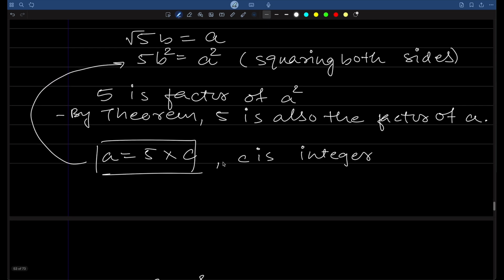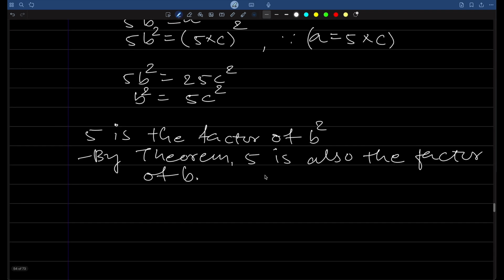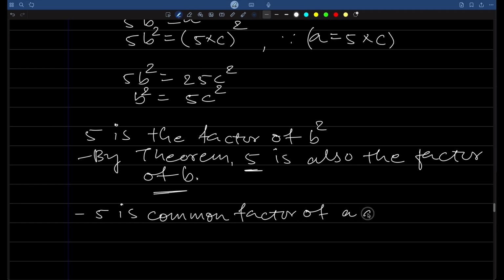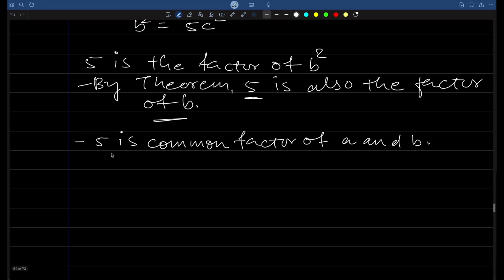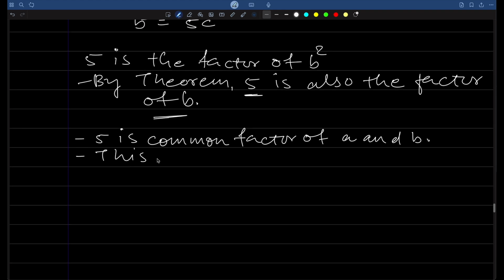But we see here that 5 is a factor of a and 5 is also a factor of b. So 5 is a common factor of a and b. But this contradicts the fact that a and b are co-prime numbers.